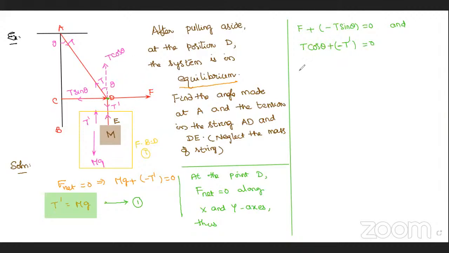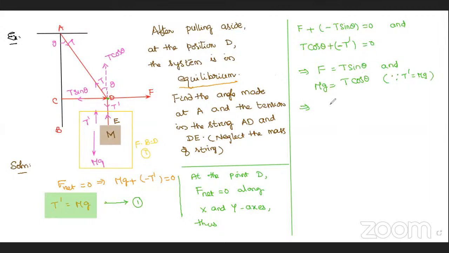So from these two equations, F is equal to T sine theta and T cos theta is equal to T dash, where T dash equals mg. Look at my question: find theta. Divide the two equations.